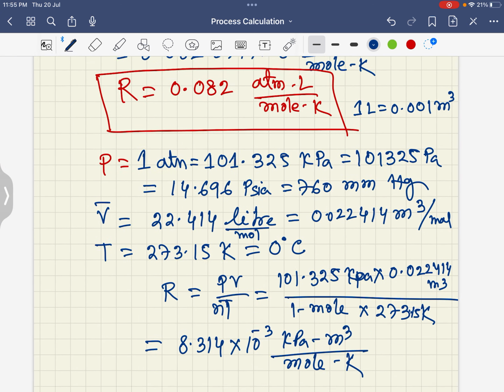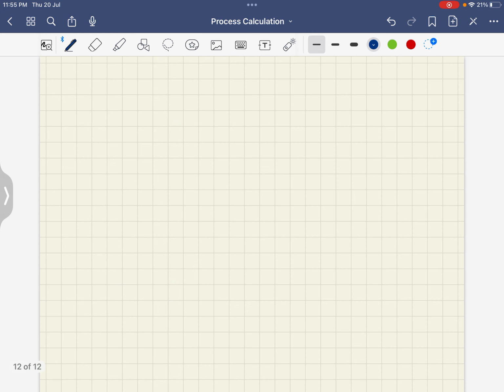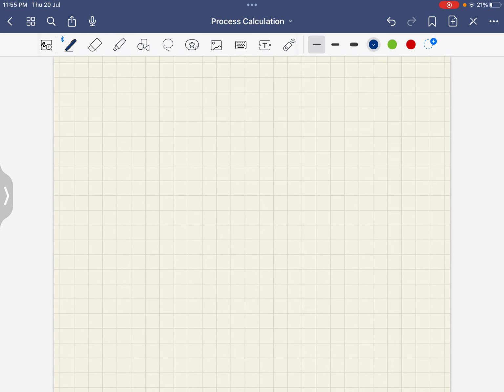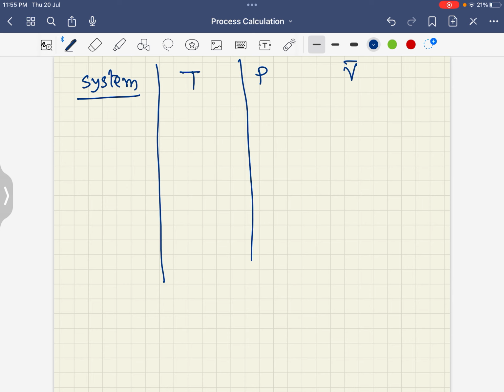So now here we can remember, suppose this is the system, then temperature, then pressure, then molar volume at common standard temperature and pressure.